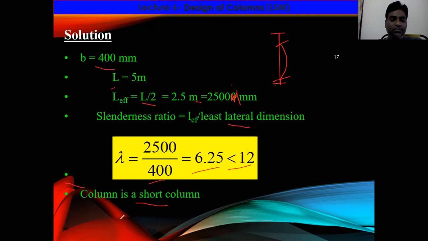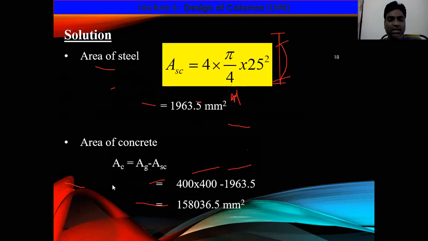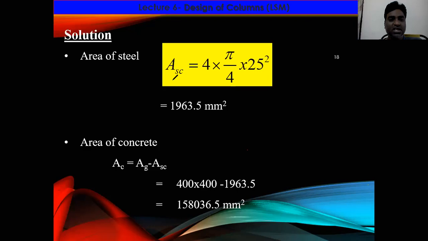So then calculate the area of steel provided. So the area of steel provided is Asc, 4 bars of 25 mm dia, that is 4 into pi d square by 4, so that is 1963.5 mm square. Then the area of concrete is the net area.